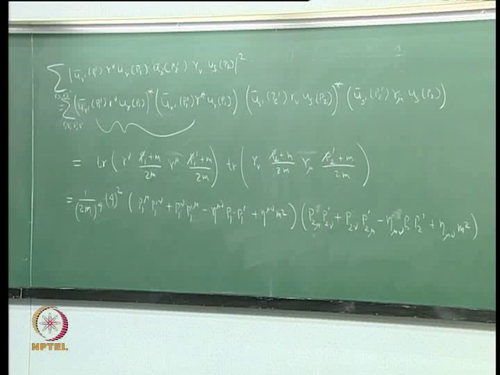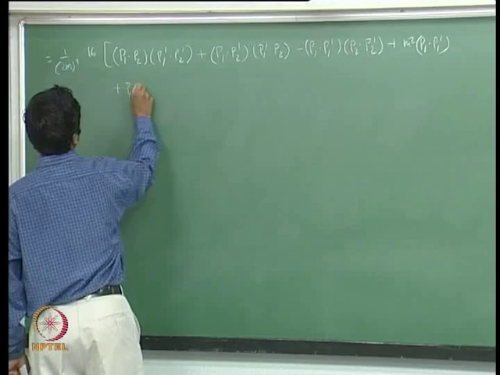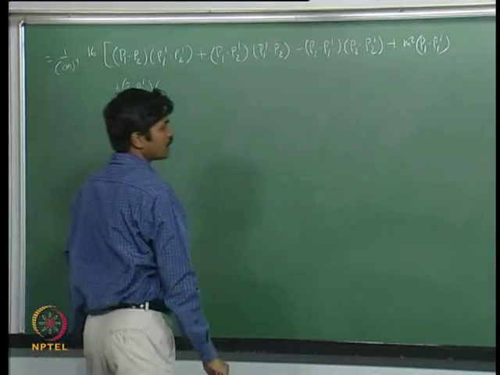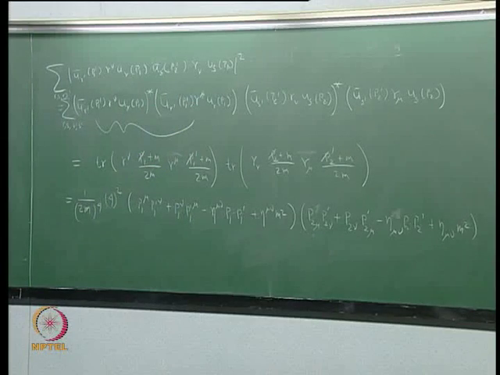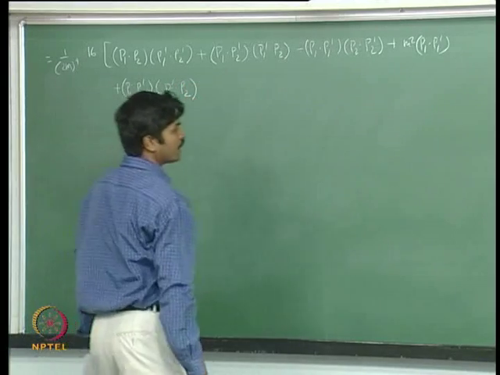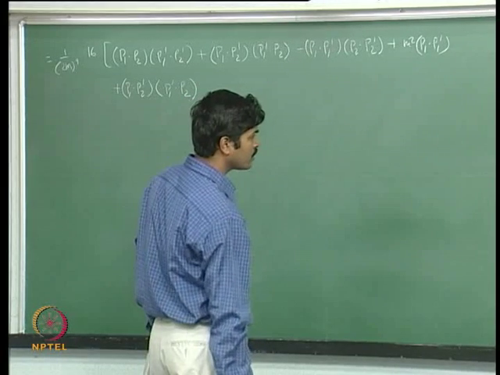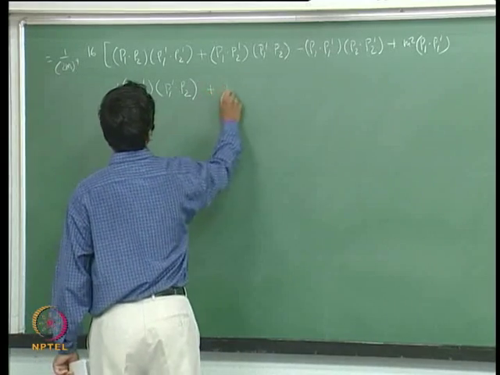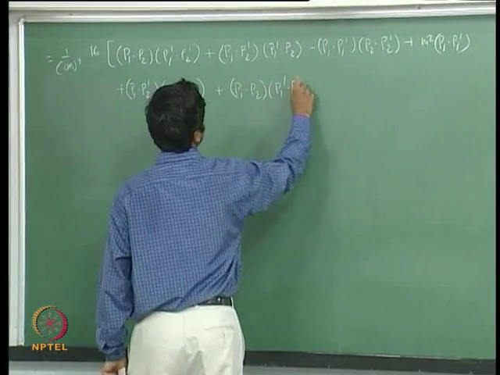So, the second term will give me p 1 dot p 2 prime times p 1 prime dot p 2 and p 1 dot p 2 p 1 prime dot p 2 prime.